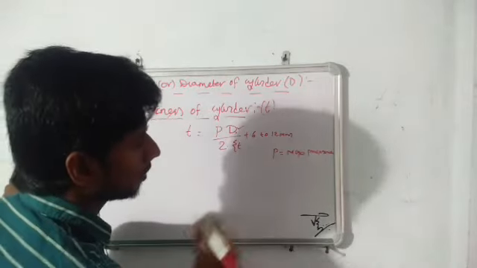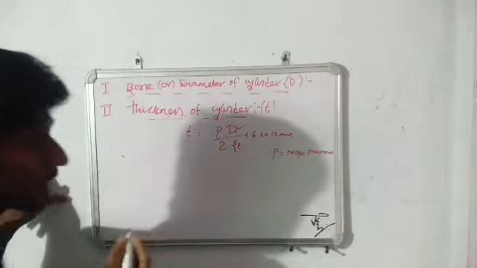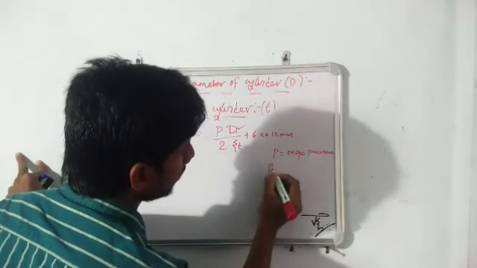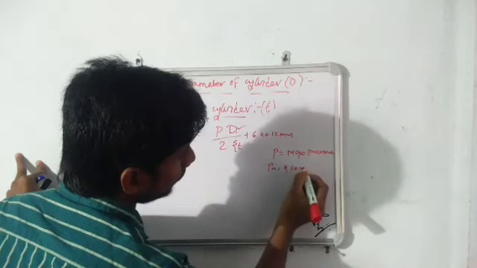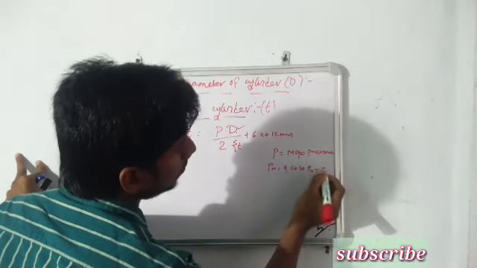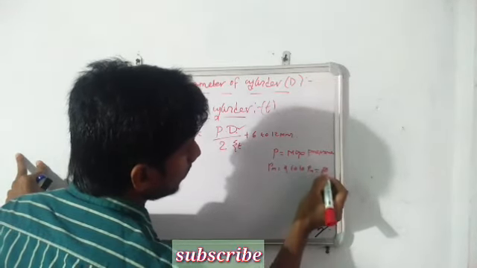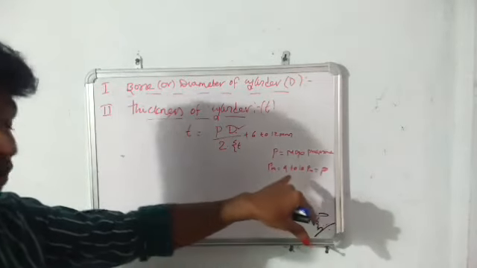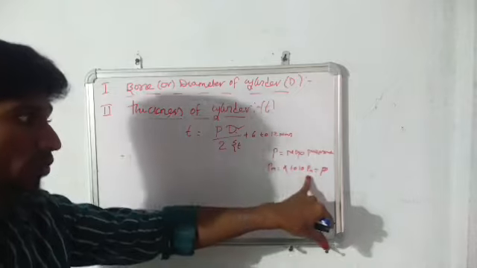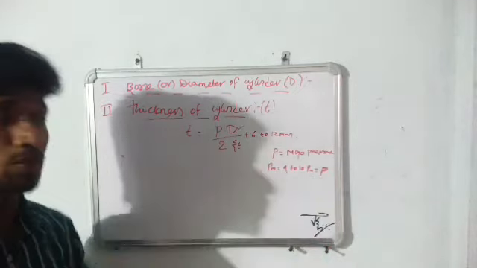For the purpose of maximum pressure, we are using the Pm here. 9 to 10 times of Pm is called Pmax. A mean effective pressure, 9 to 10 times of mean effective pressure is considered as maximum pressure.